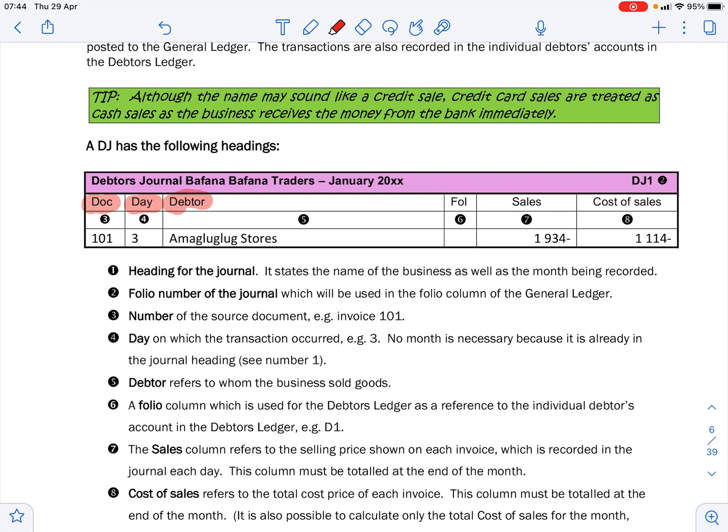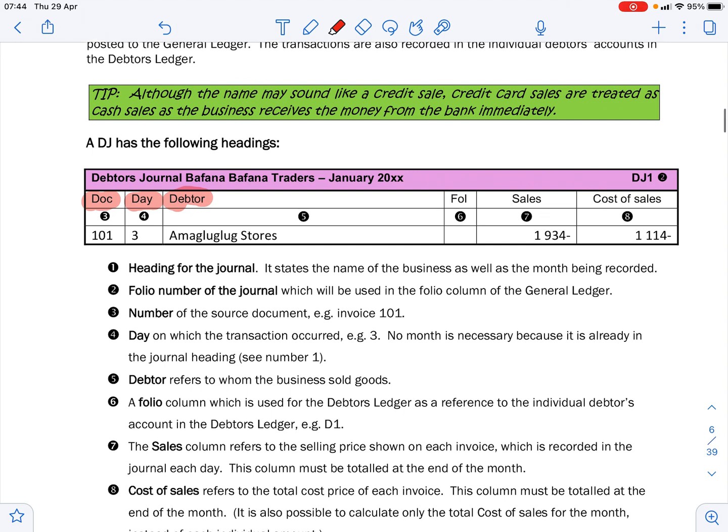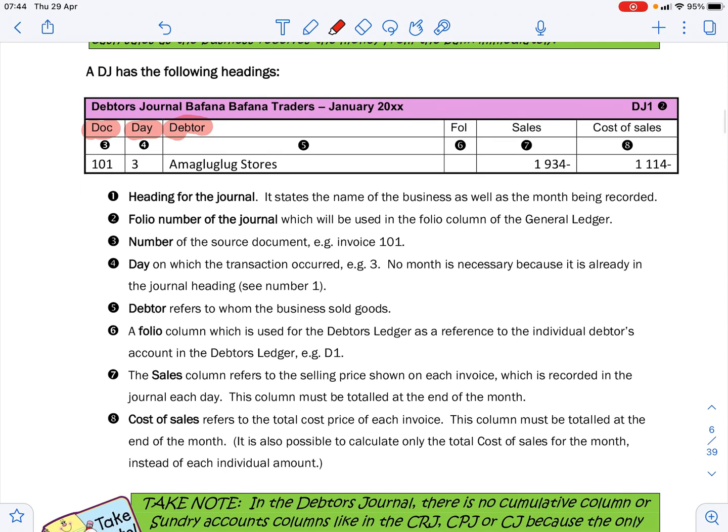It's the person who's paying us, the person who we sold goods to. We have a folio column, which is used as a reference for each individual debtor's ledger. So, Glug stores could be debtor number 1, so they would have debtor's ledger number 1, or debtor 1. So, that's an example of what we use it for.